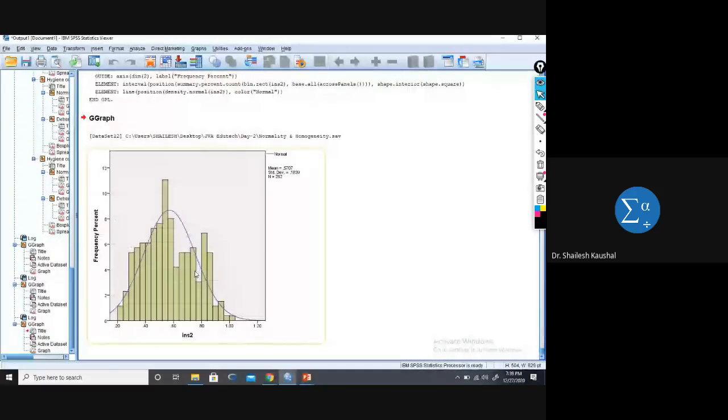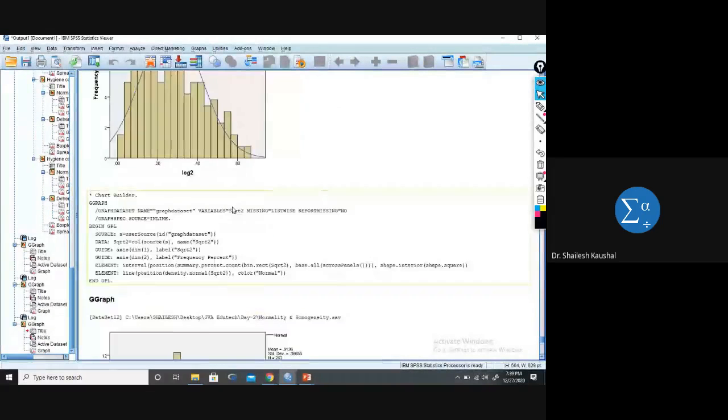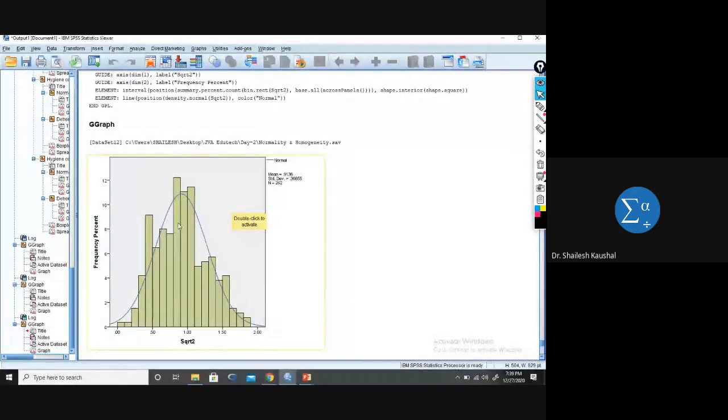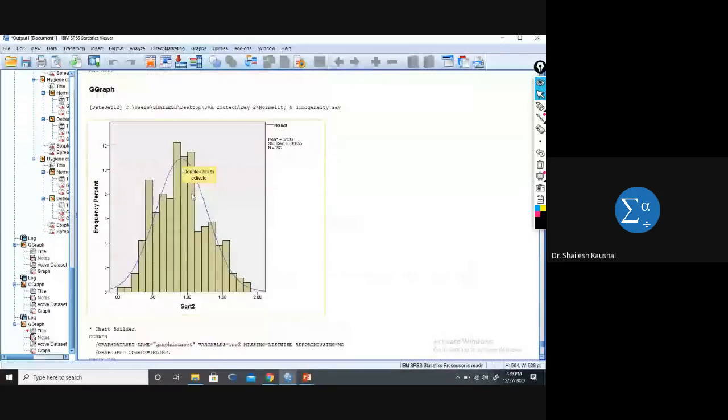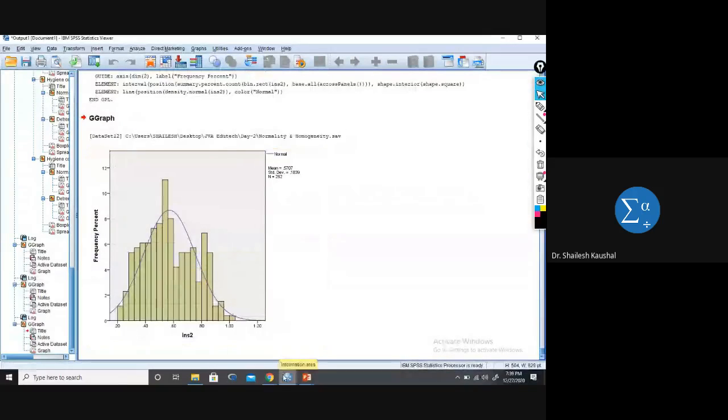So this is my graph. So these are the ways to correct our data. Here we can see the square root transformation is good in comparison to the log and inverse root transformation.